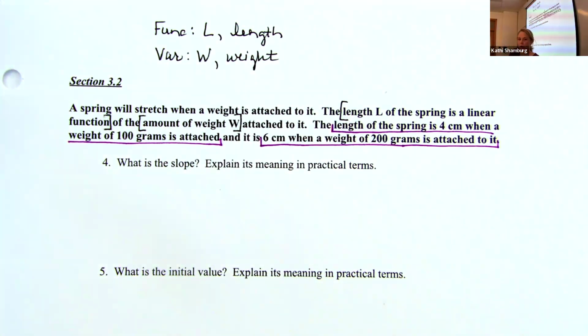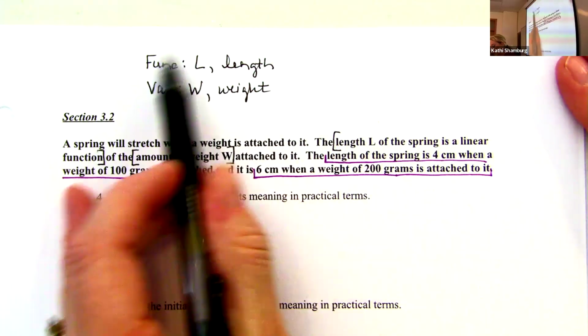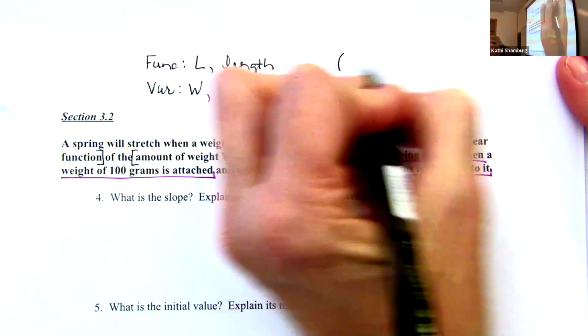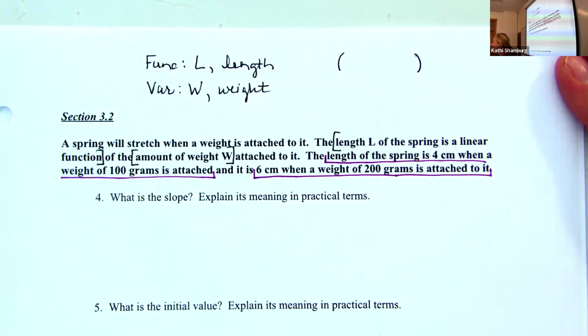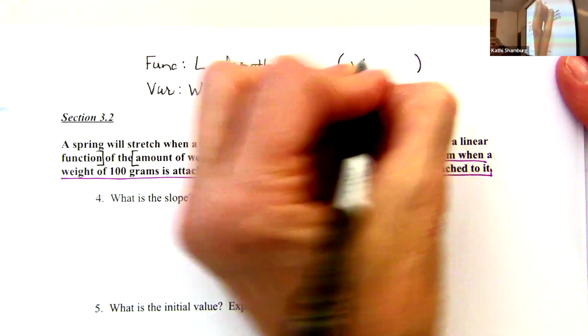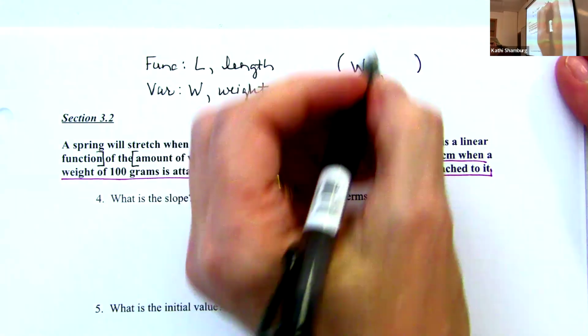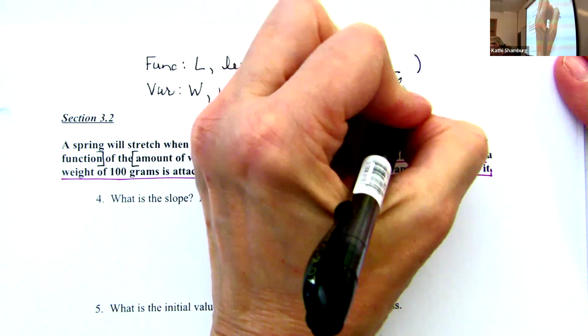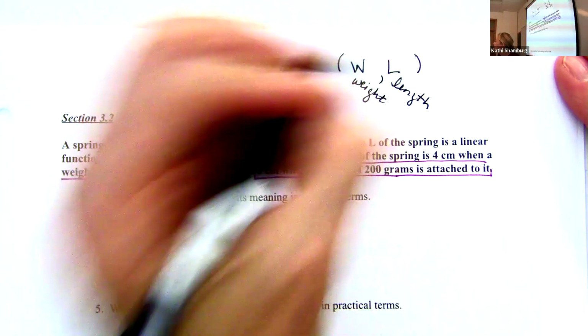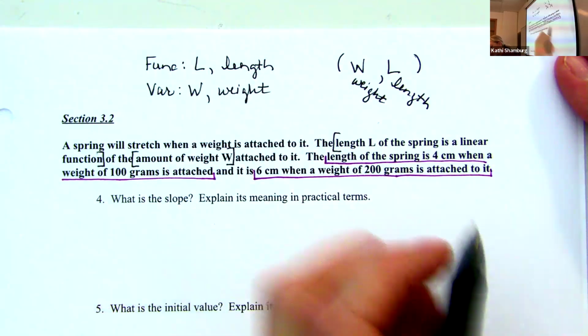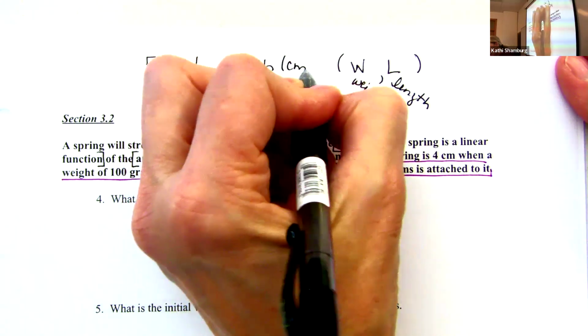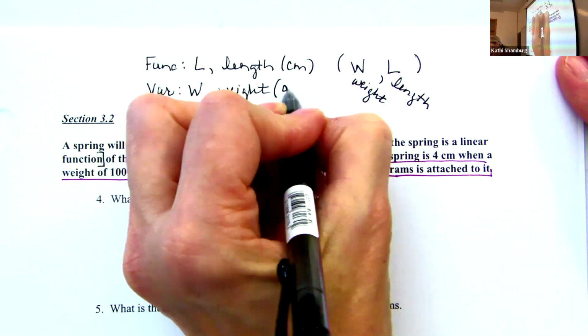Okay, so before I try to figure out what those are, I want to take a look at this and go, okay, if I'm talking about an ordered pair, what always goes first? So in this case, weight is going to go first in an ordered pair. Length is going to go second. And it appears length is in centimeters and weight is in grams.